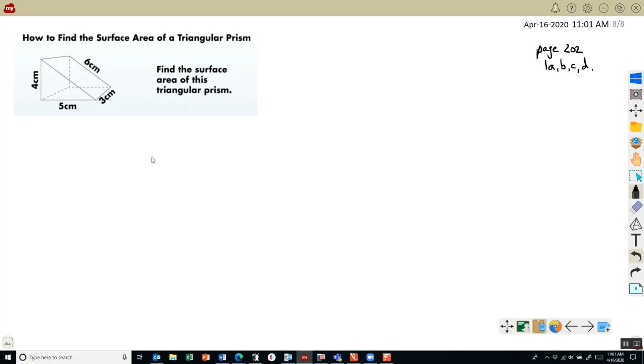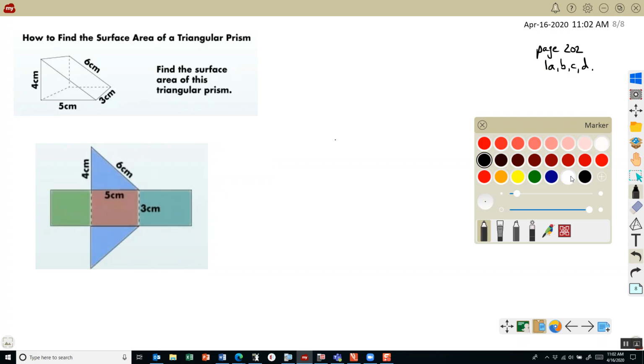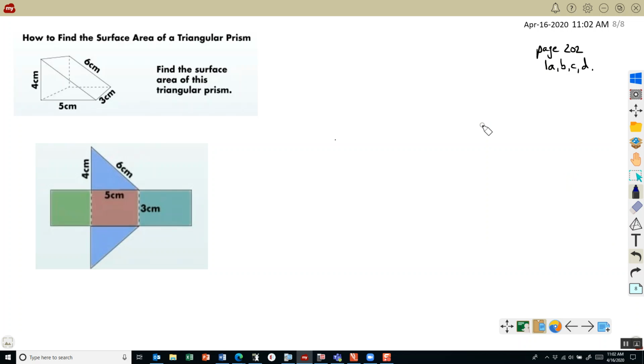Now, one way that I can think about this is if I was to create a net. We talked about this. If I was to unfold this shape, I would get something that looks like this. And I can see exactly all the different shapes that make up our triangular prism.